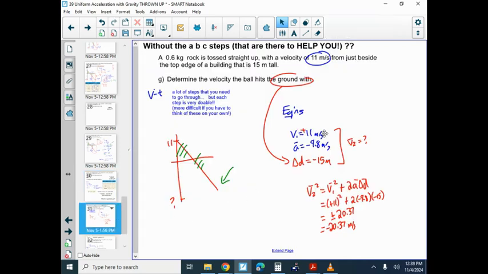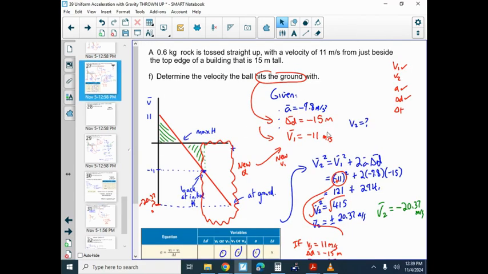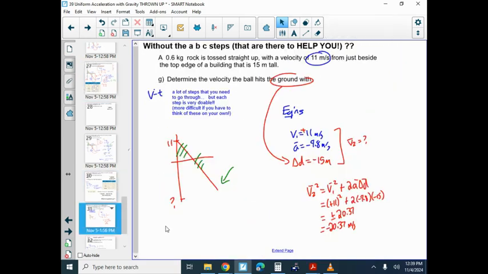So choosing the positive velocity and the displacement still makes perfect sense, okay? In this case, the minus 15 maybe felt more logical, because we're going from the building directly to the ground. But whether you're going from the building directly to the ground, or going up and down and eventually ending up at the ground, doesn't matter, right?